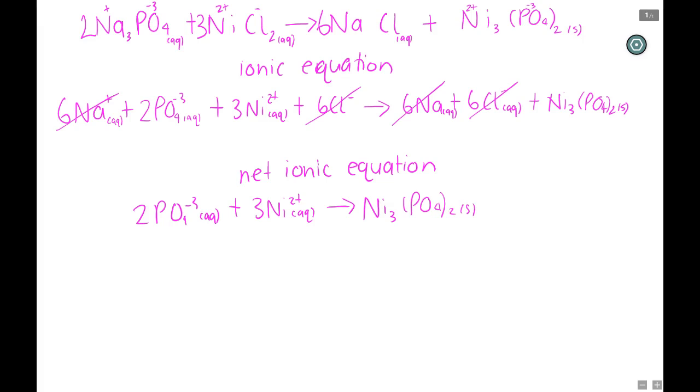And in this precipitation reaction, the spectator ions are our sodium and our chloride.